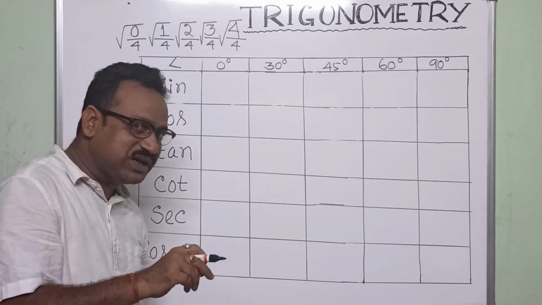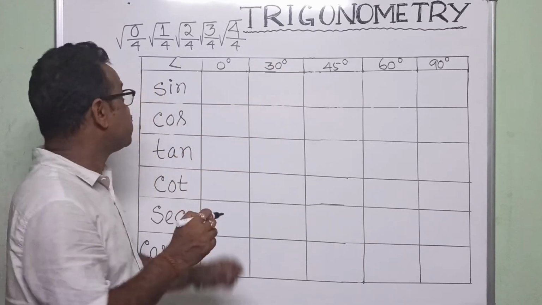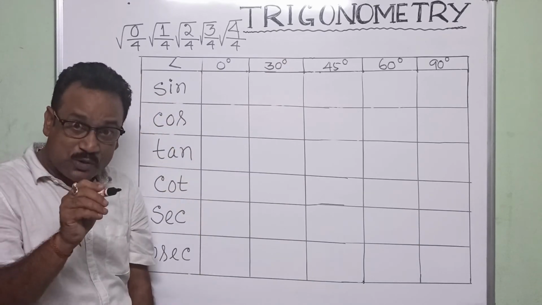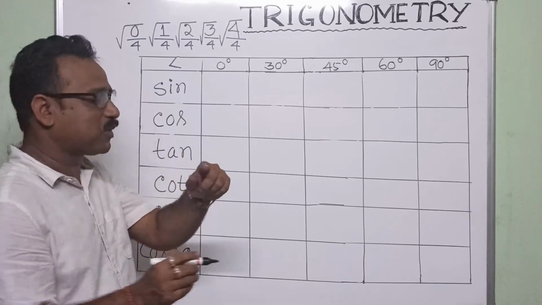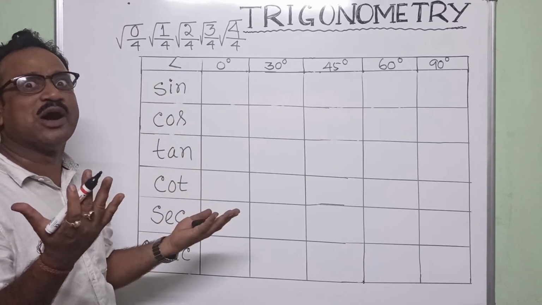Step 3, take the root of all: root of 0 by 4, root of 1 by 4, root of 2 by 4, root of 3 by 4, root of 4 by 4. Then simply we get the answer.